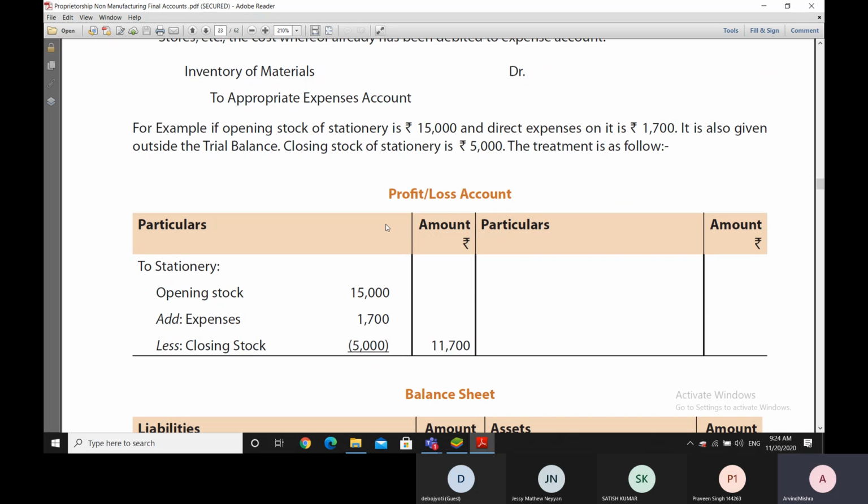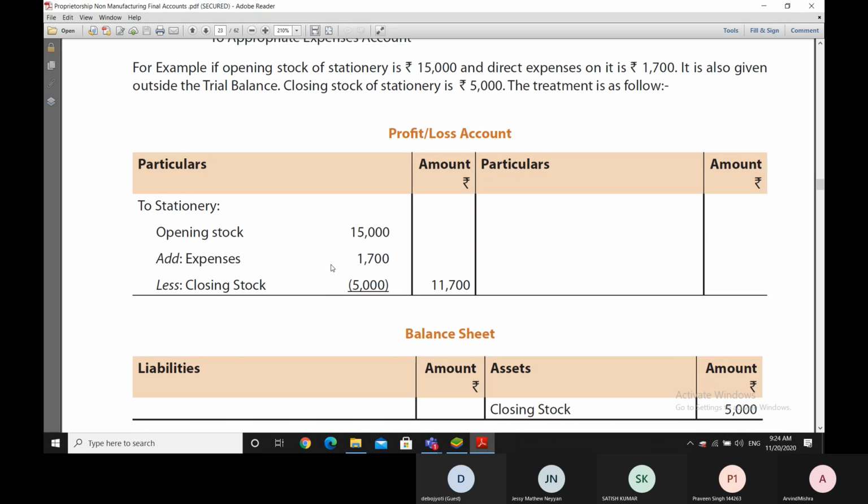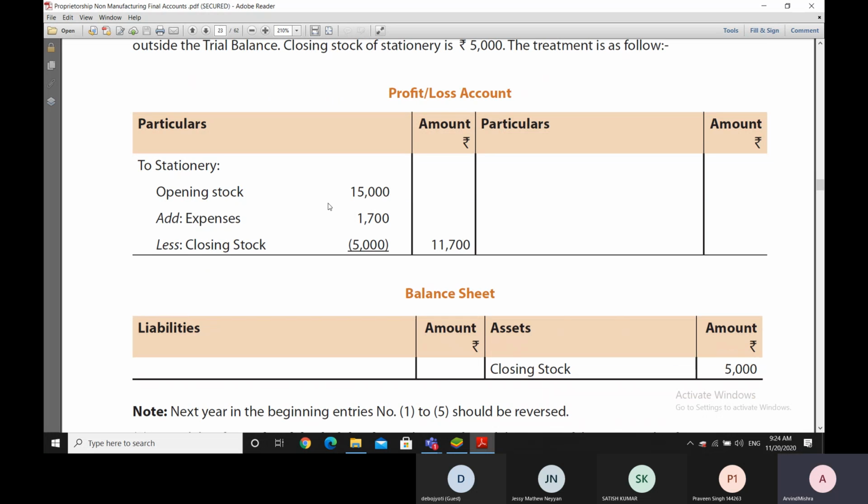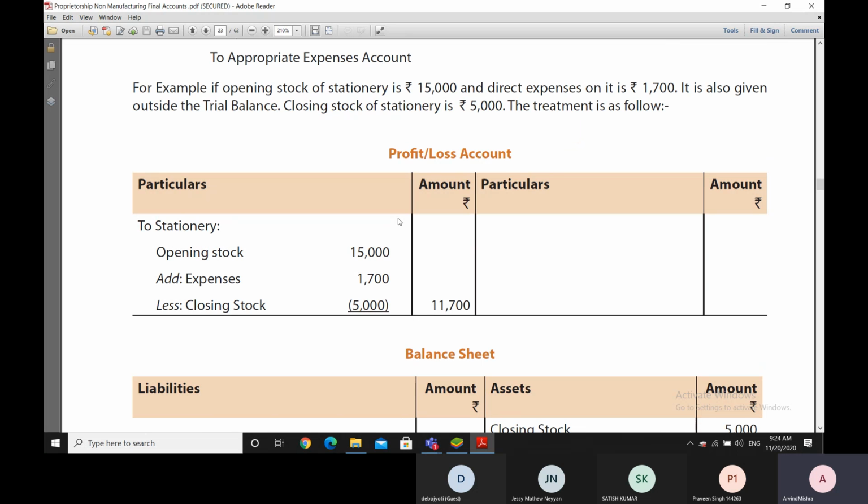So what we do is we take the opening stock of 15,000 rupees. We are adding the expenses of 1,700 rupees here.